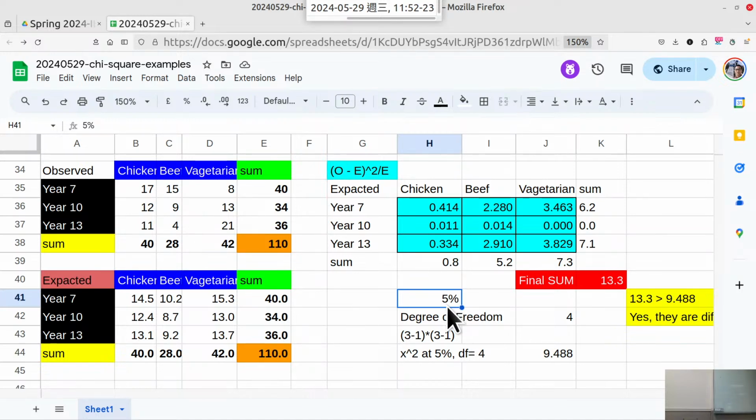Then go to the degree of freedom. Degree of freedom, that is 3 rows minus 1 times 3 columns minus 1. Then check the value. Chi-square at 5%, degree of freedom. Check the table, 9.45. Let me check it.